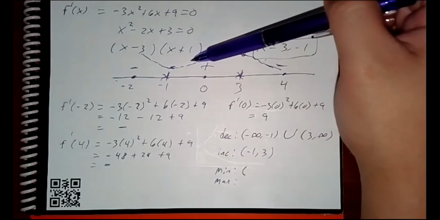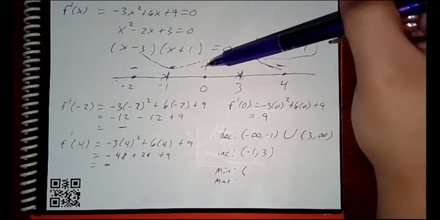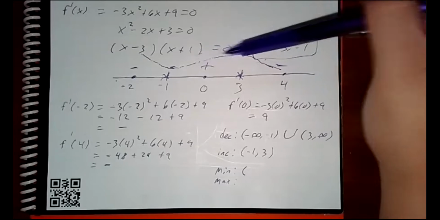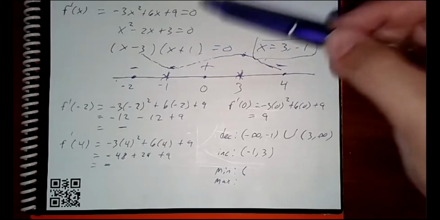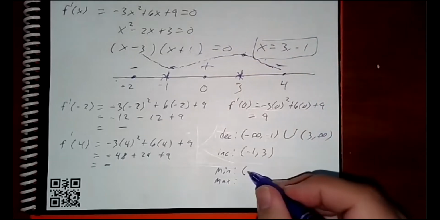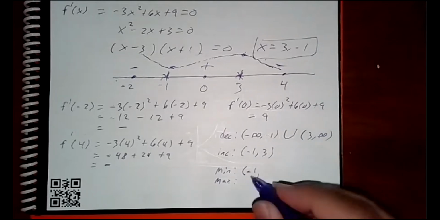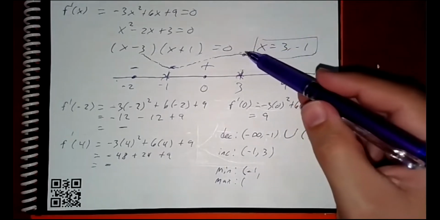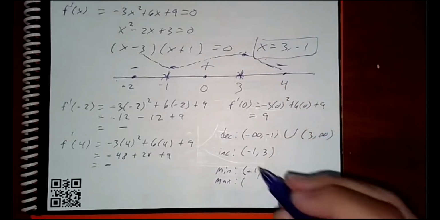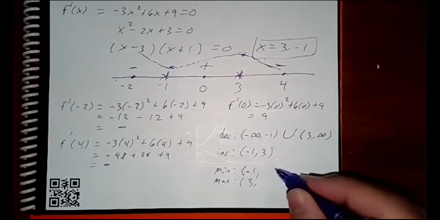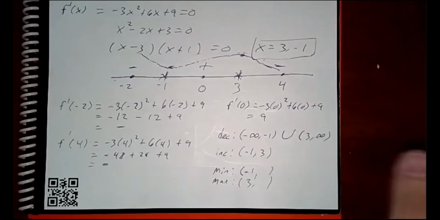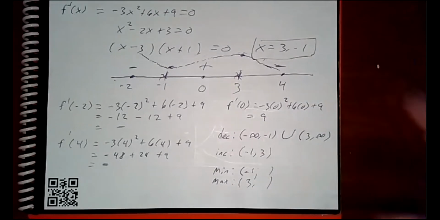So we have a minimum at -1, something. And then we have a maximum here at 3, something. I don't know what those numbers are. The only way to find them is to plug them into the original function or to graph it. Ouch. Stubbed my toe. Let's see here. Let's graph it over here.